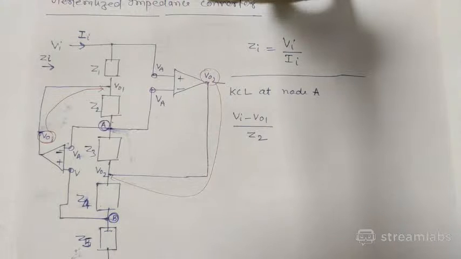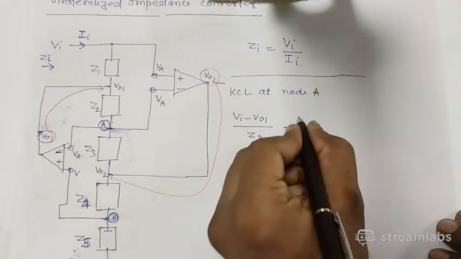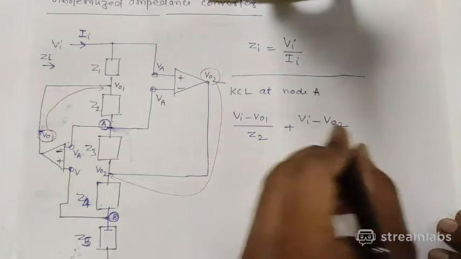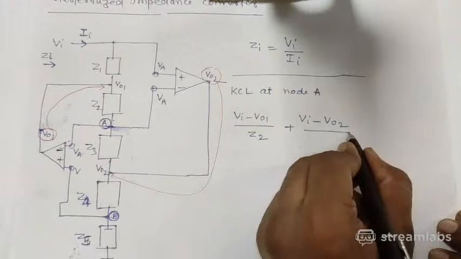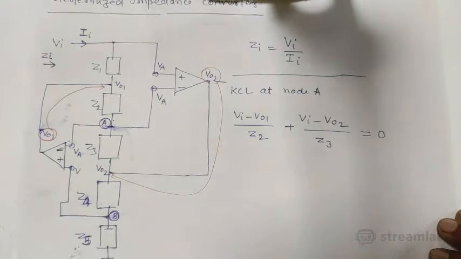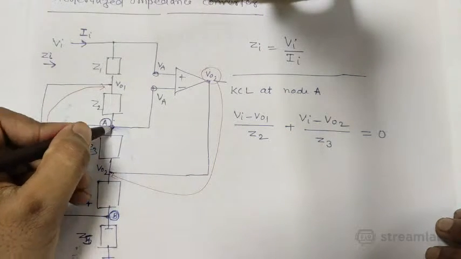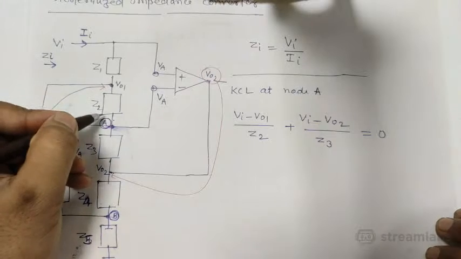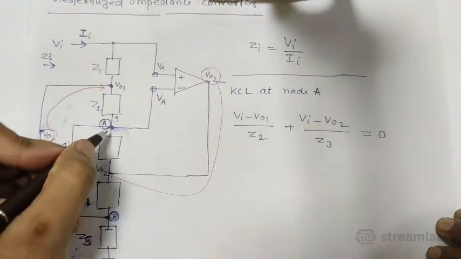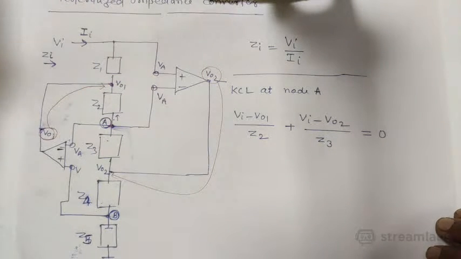So (Vi minus VO1) upon Z2 plus (Vi minus VO2) upon Z3 equals 0. At this point, what I did is set the sum of the currents (Vi minus VO1) upon Z2 plus (Vi minus VO2) upon Z3 equal to 0.